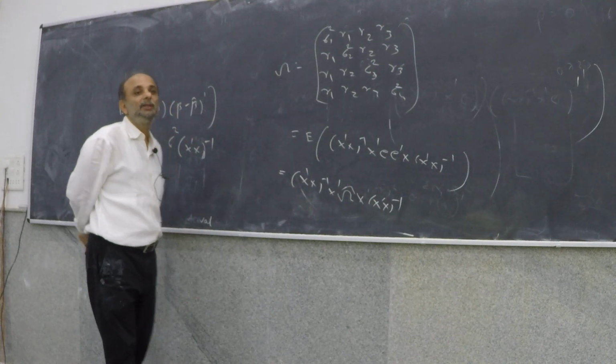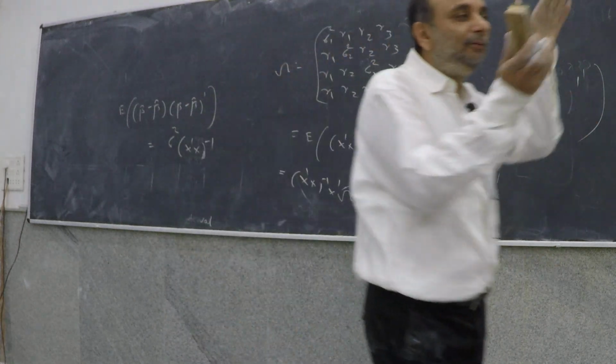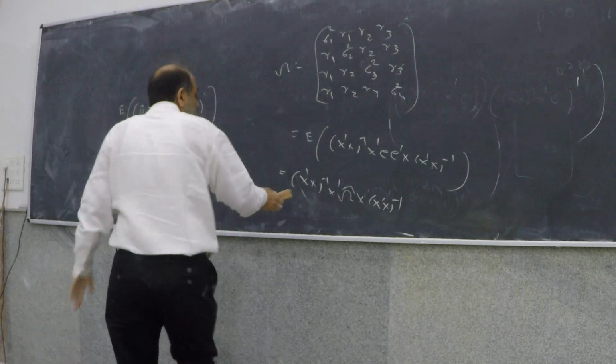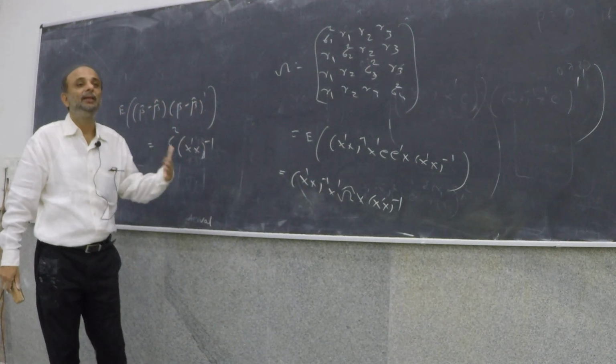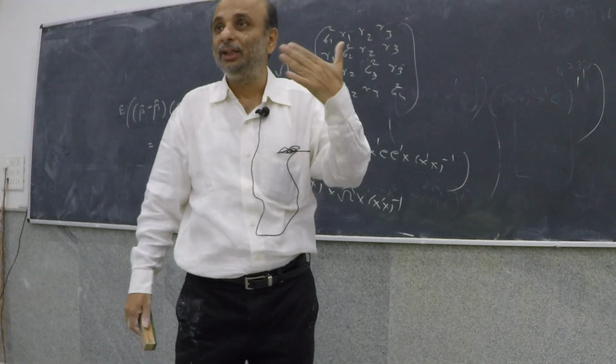Why? Because you can see that omega hat, the meat, is sandwiched between two slices of bread. This matrix, x dash x inverse x dash, is also a very important matrix, which we will see in the next class, including how to derive robust standard errors with these problems.